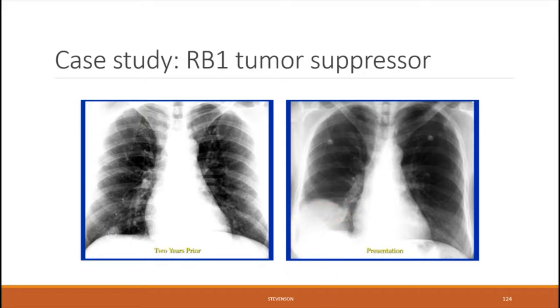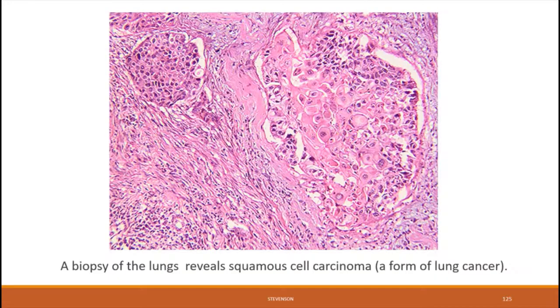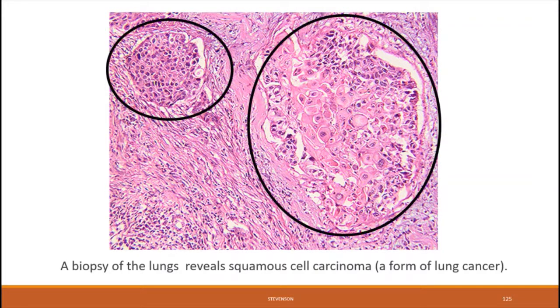of this picture. At this point, she was given a biopsy, and the biopsy revealed a particular type of cancer called squamous cell carcinoma, which can be seen here and here, and you can see the rapid growth of the cells and the concentration of those cells because they are dividing so quickly without having anything to regulate the progress through the cell cycle.